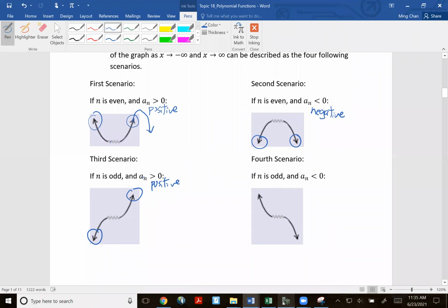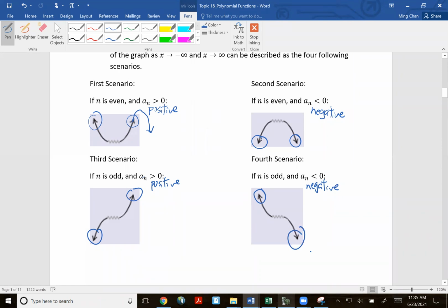The scribble part in the middle is what's going to happen around the x-axis. We'll talk more about that, but right now we are looking at the end behavior. If the degree is odd, but the leading coefficient is negative, then the left side will keep on going up, and the right side keeps on going down.